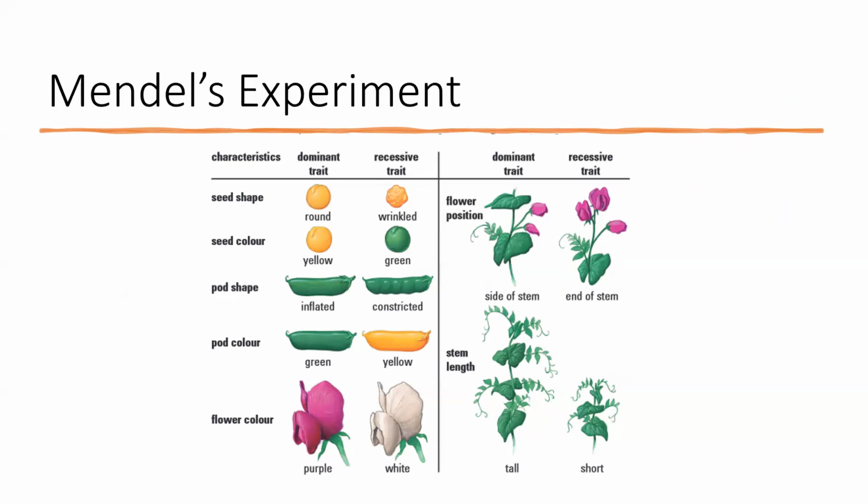And pea plants are very convenient for doing genetic studies because, number one, they are easy to grow. Number two, you can cross-breed the plants the way you want. If I want this plant to have babies with this plant, I just take the pollen and pollinate it, right?